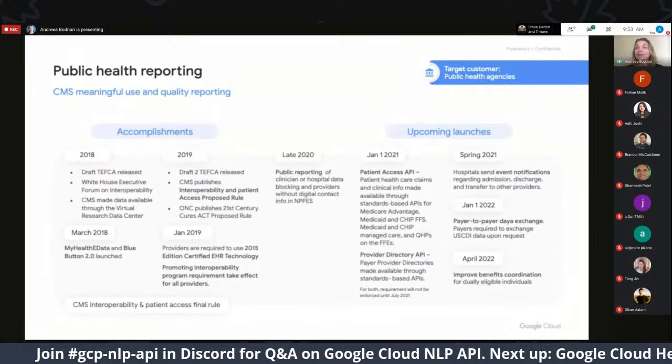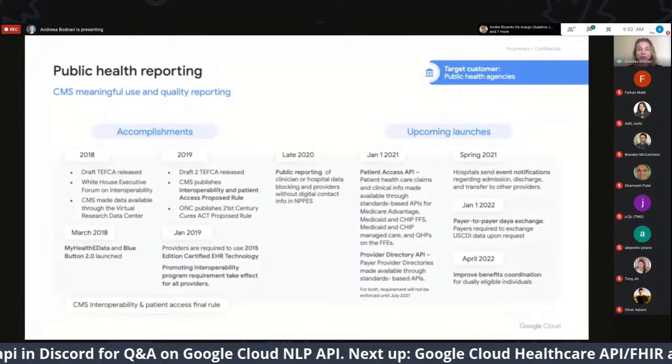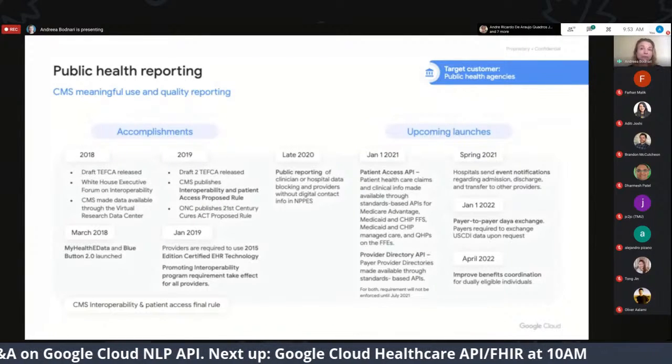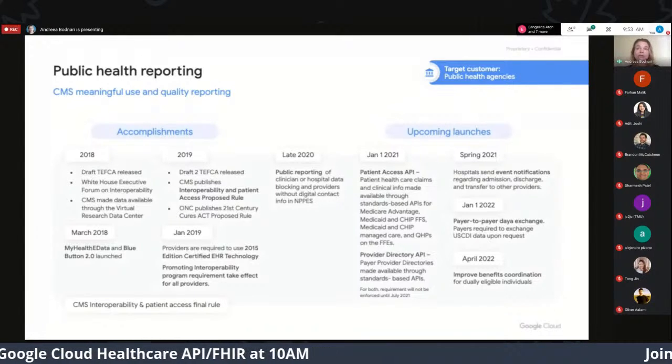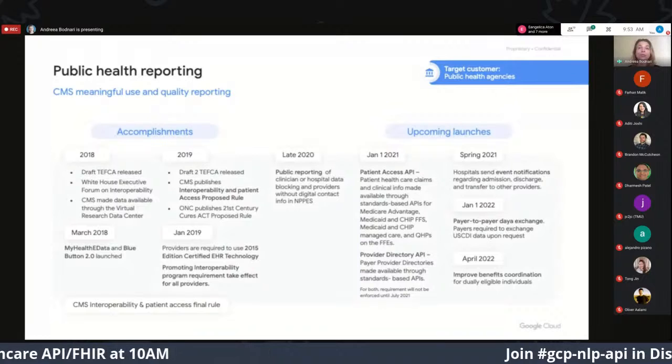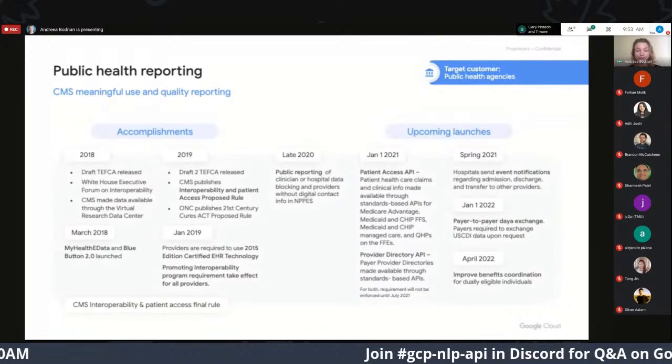The challenge is that every time the government comes out with a new set of regulations or a new set of principles, it takes a lot of overhead for the industry stakeholders to adopt these in practice.